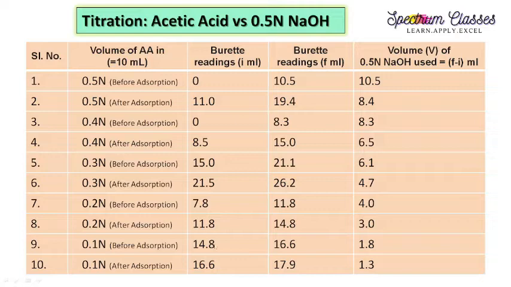Similarly, we do all the experiments. Here you can cross check that before adsorption you have more volume consumed and after adsorption less volume consumed. Here you can see. So that is the clear-cut indication that adsorption is going to happen over there, right? Now moving forward, what we will do with these readings.